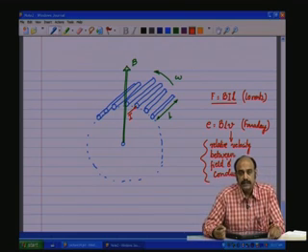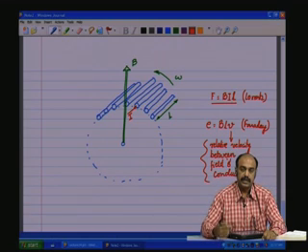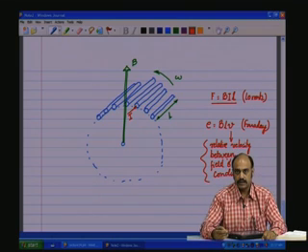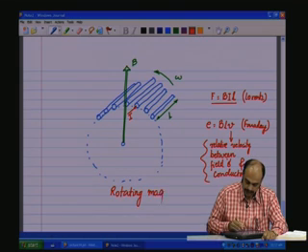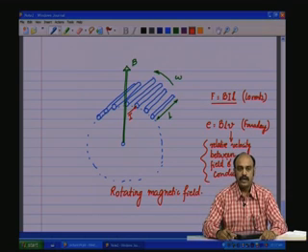In the case of the induction machine, because we have a three-phase system, it is possible to generate a B phasor which is rotating in space. It rotates in space, and that is called the rotating magnetic field. So, how do we generate this rotating magnetic field?